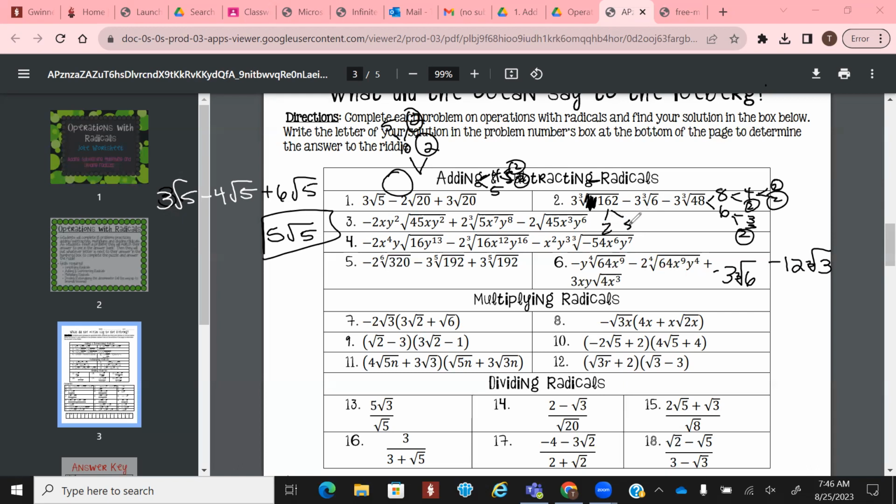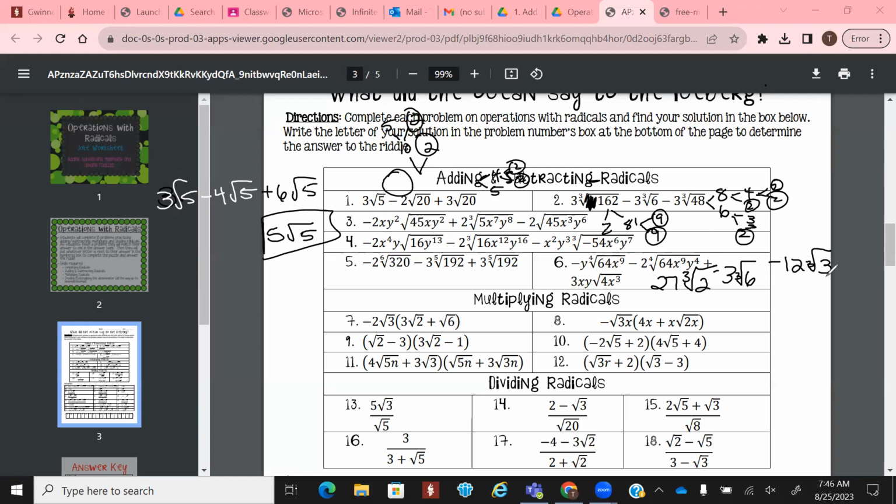Let's do 2. Okay. What can I break 81 down into? 9 and 9. Okay, so I see a pair. I'm going to pull out a pair, and that's going to give me 27 cubic root of 2.